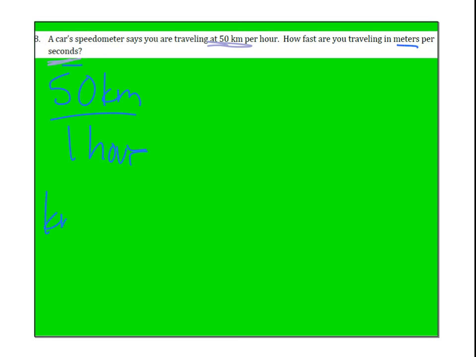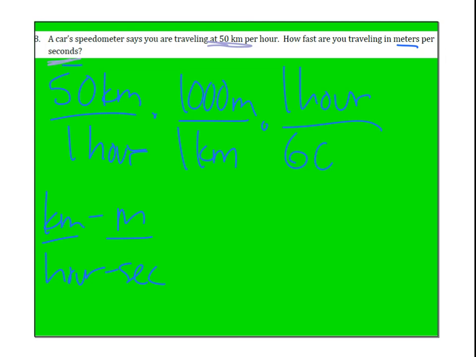So I need to go from kilometers to meters, and I need to go from hours to seconds. Kilometers to meters is pretty easy. 1 kilometer is 1,000 meters. Now for hours, 1 hour is 60 minutes, and 1 minute is 60 seconds.